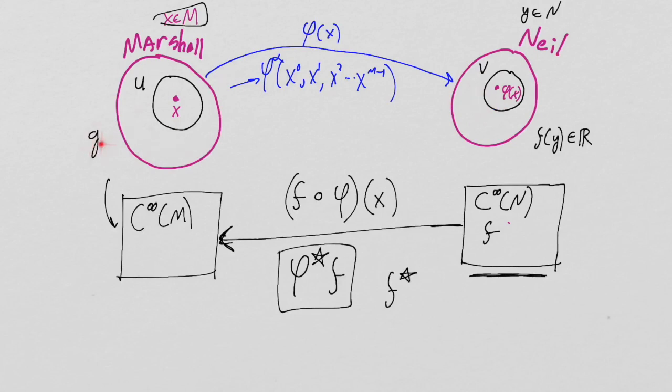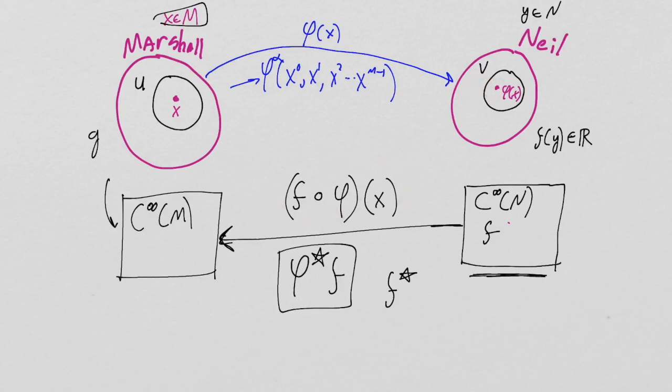But if you take g and you apply it to a function in Marshall, you get a real number, and this mapping doesn't take real numbers to Neal. It takes Marshalls to Neals. So that's not going to work. So there is no way of pushing forward a function from Marshall to Neal, but you can pull back a function from Neal to Marshall, and it's almost trivial, right? It's like, no kidding, right?